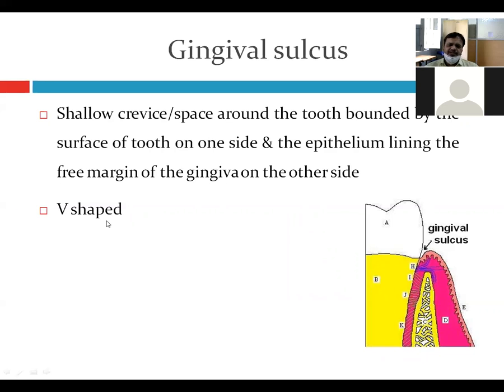Various authors have studied the histological depth of your gingival sulcus, and it is 1.8 millimeters. When you are studying histologically, usually the depth of your gingival sulcus is 1.5 or 1.8 millimeters. But clinically, when you are probing with the help of a periodontal probe, usually the normal depth of the gingival sulcus is 2 to 3 millimeters.